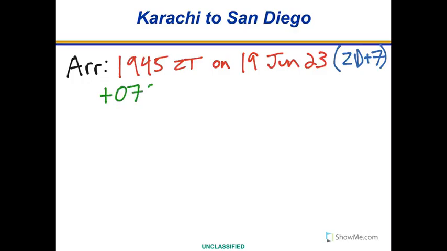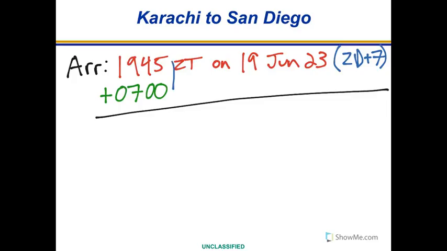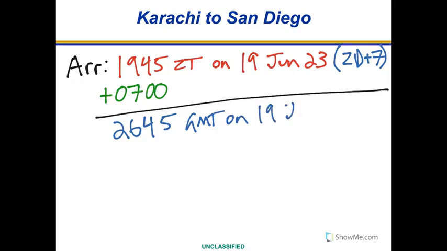We will add 7 hours and 0 minutes. We'll do some math. Start with the minutes. 45 minutes plus 0 minutes. It's 45. Now we'll do the hours. 19 hours plus 7 hours is 26. So we are going to arrive at 26:45 GMT on 19 June 2023.